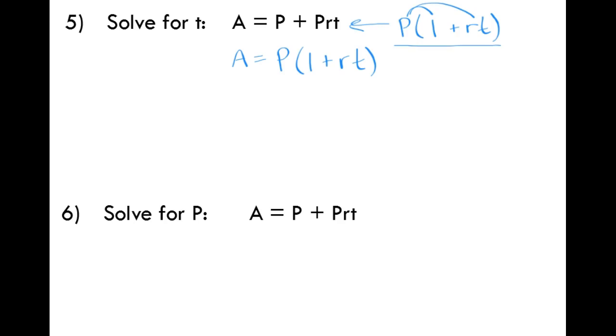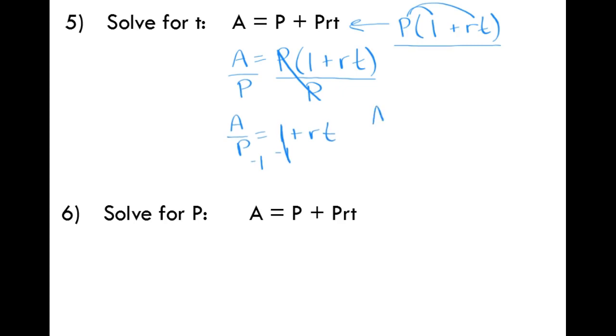So I want to get down to t. I'm going to divide out the p, just like I did on the last one with the 2. So now I have a over p equals 1 plus rt. And then I'm going to subtract 1 from both sides.